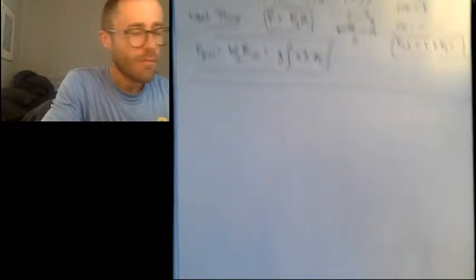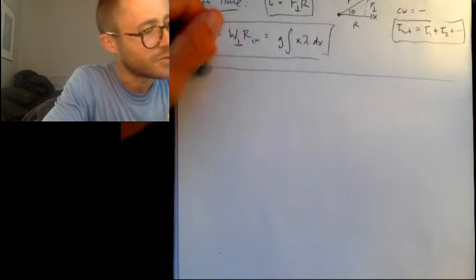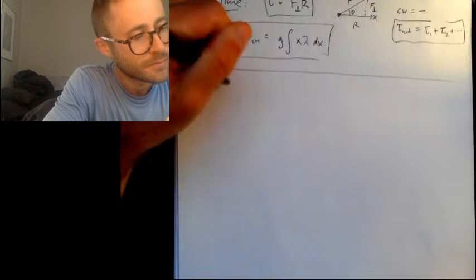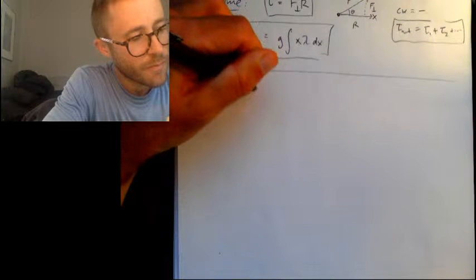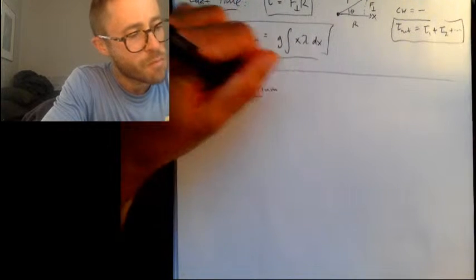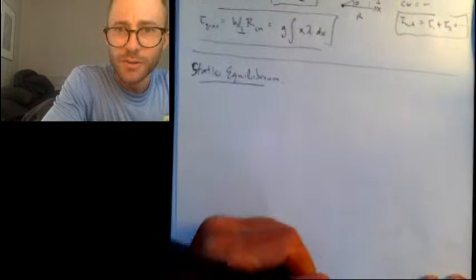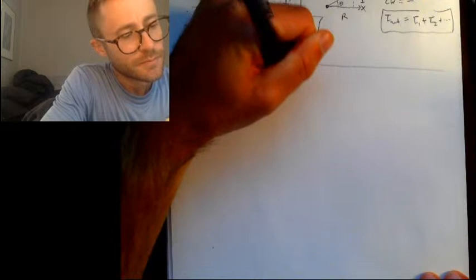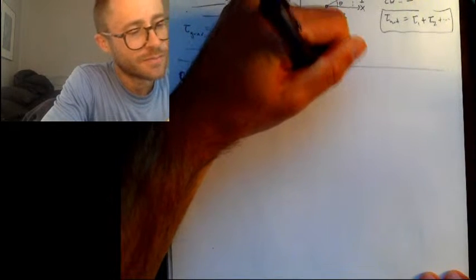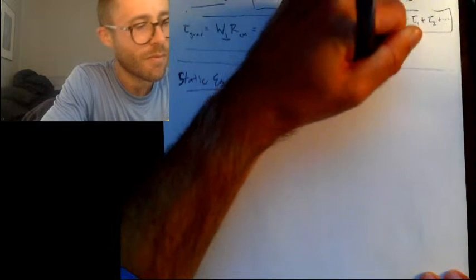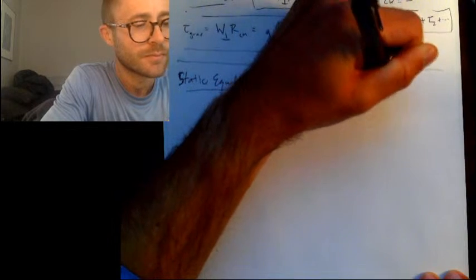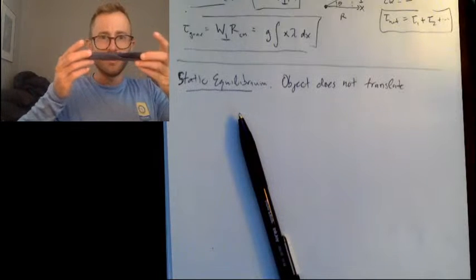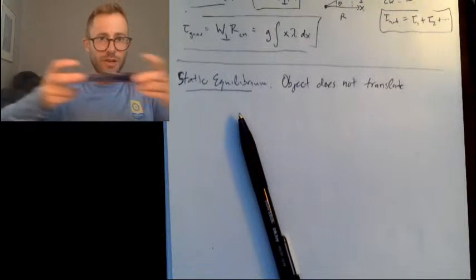This time, we are going to talk about something called static equilibrium. Static equilibrium means the object does not translate, so translation means to move around without changing your orientation.